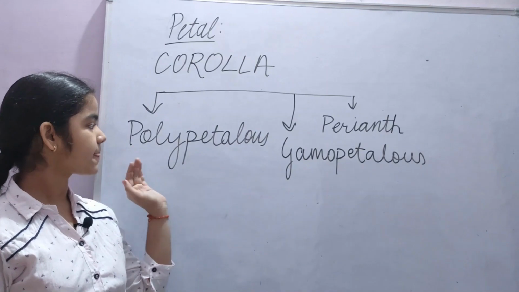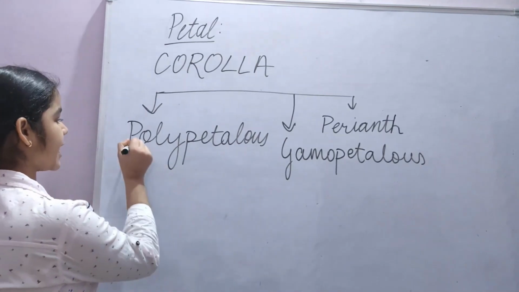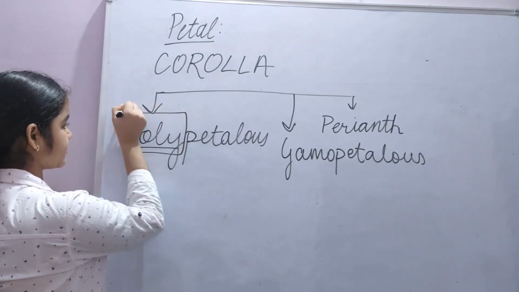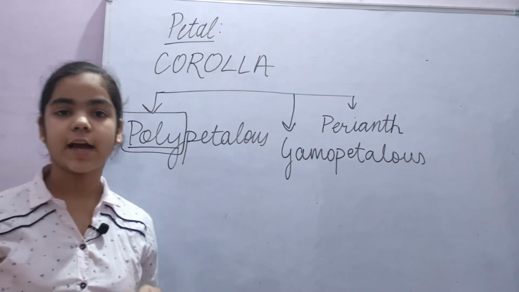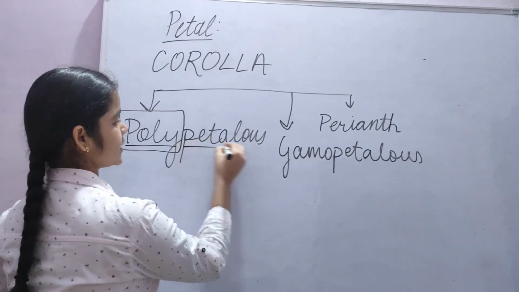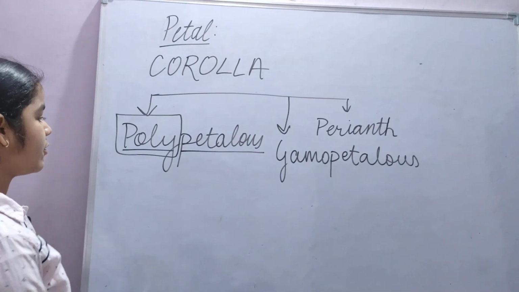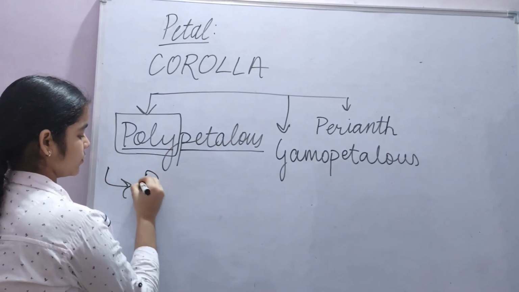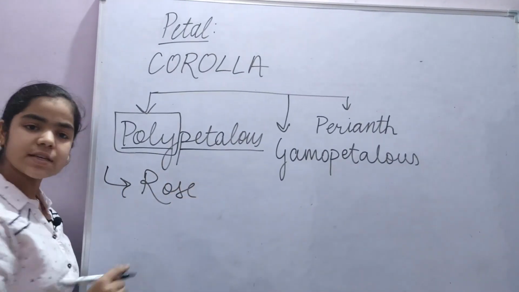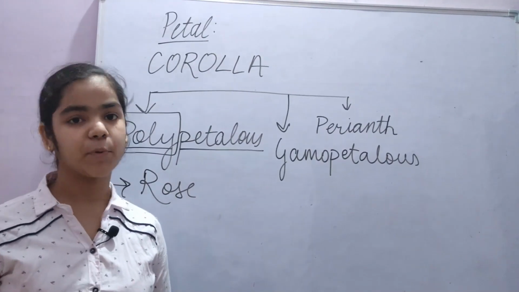Here also, whenever the petals are free, poly, then they are polypetalous. Just learn it right now. An example for this may be rose. Rose is both polysepalous and polypetalous.